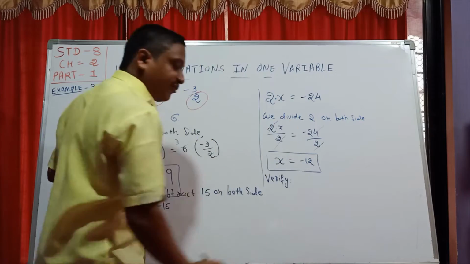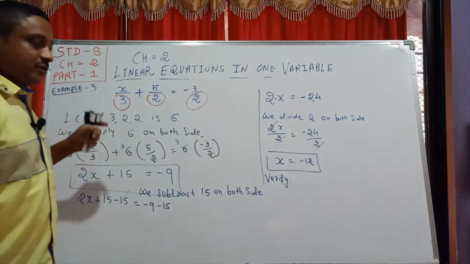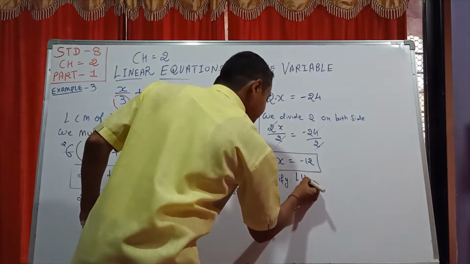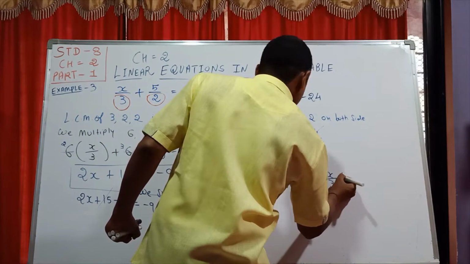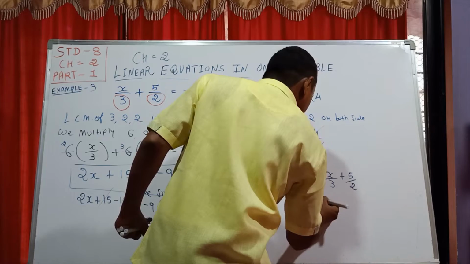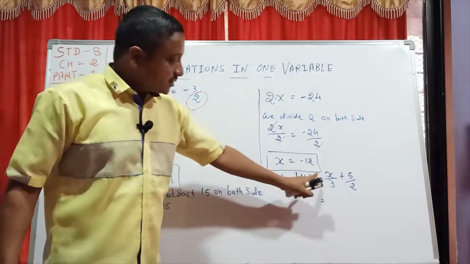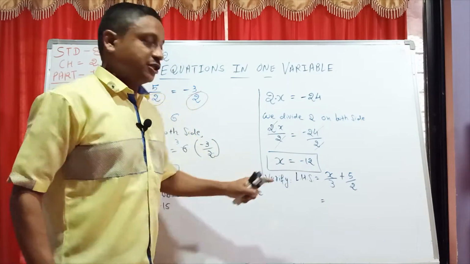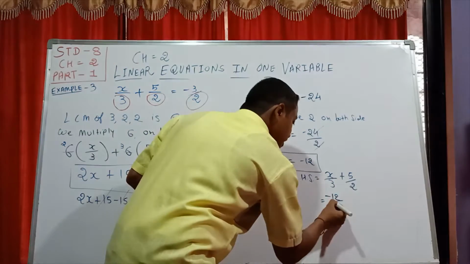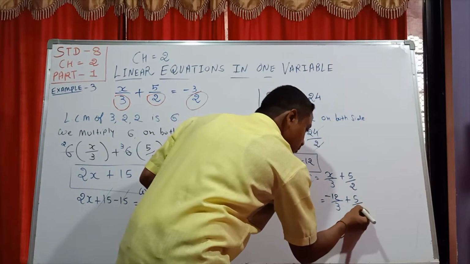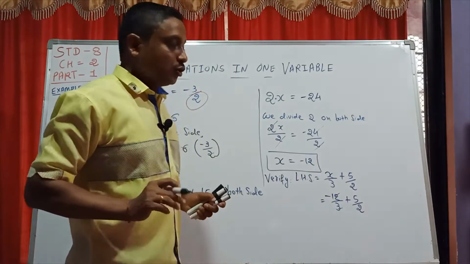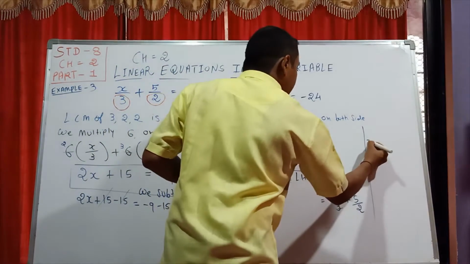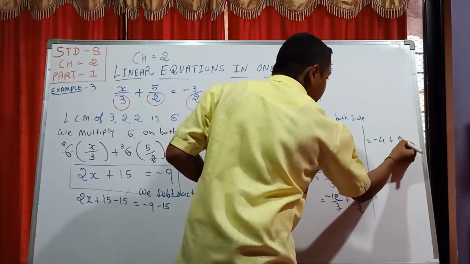Students, it must be verified in your LHS form. So what is your LHS? My LHS is x by 3 plus 5 by 2. It's a very easy process. Substitute the x, already you have done, minus 12. So minus 12 by 3 plus 5 by 2. Now students, this cancels, 3 4s are 12. You only get minus 4 plus 5 by 2.